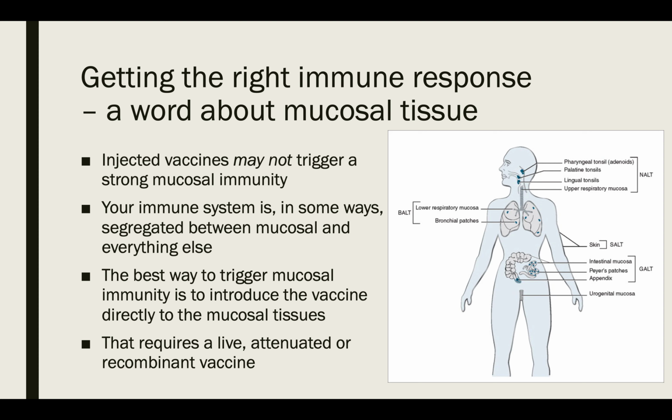But if you have a vaccine that's just injected in your arm, those antigen-presenting cells aren't then going to go find MALT tissue and train those immune cells that are living in the MALT. So you still get some mucosal immune response if you get an injection in your arm, but it's not as strong as you typically would get if your mucosal tissue was triggered itself.